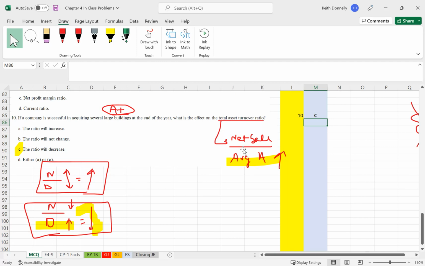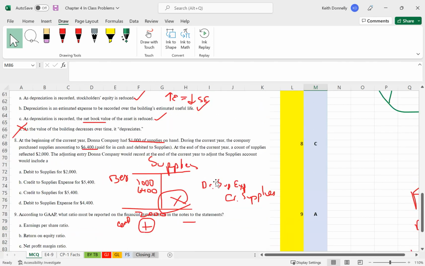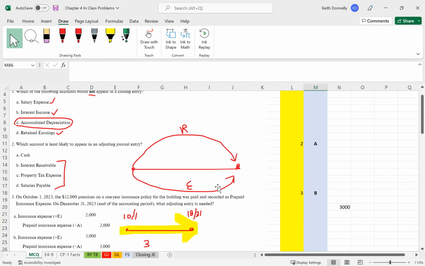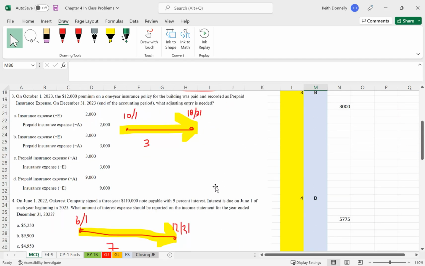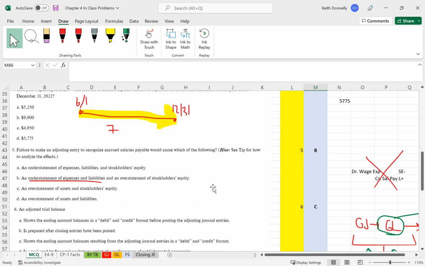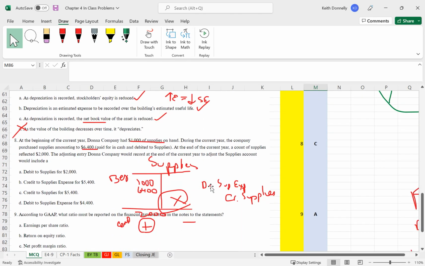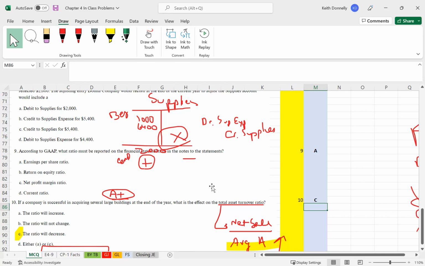Well, we're really looking at how efficiently the company manages its assets for purposes of sales. Or alternatively, I could ask you something like this. If we do X, what will be Y? Will the ratio go up or will the ratio go down? So like 3 or 4 different ways I can test you there on the ratios. So the answers here, if you might have missed one, it's A, B, D, B, C, D, C, A, C.